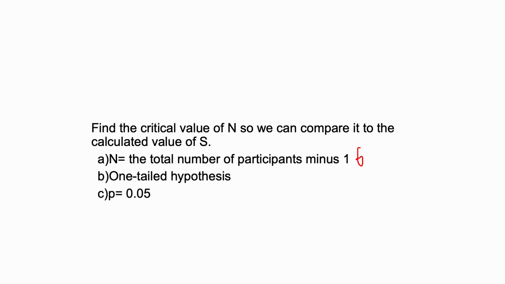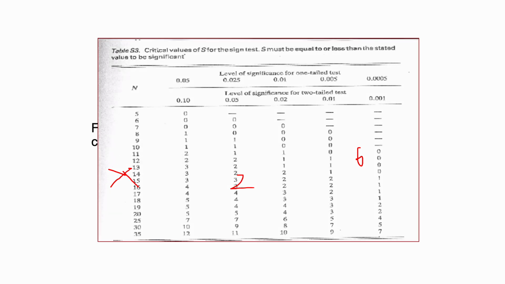It was a 2-tailed hypothesis, maybe? Yes, I've done that wrong. It was a 2-tailed hypothesis, and our p-value was 0.05. So when we read from the critical values table, let's do this with a highlighter.